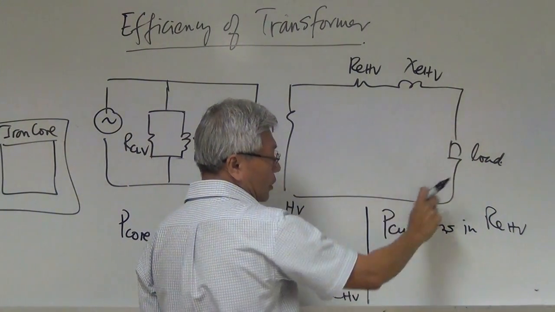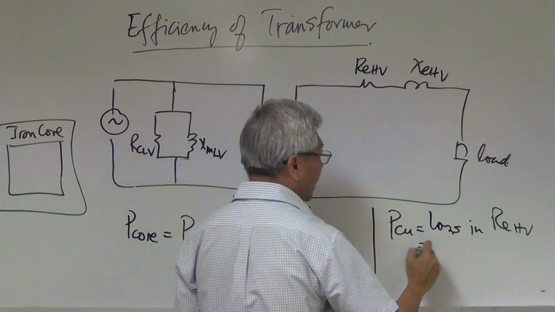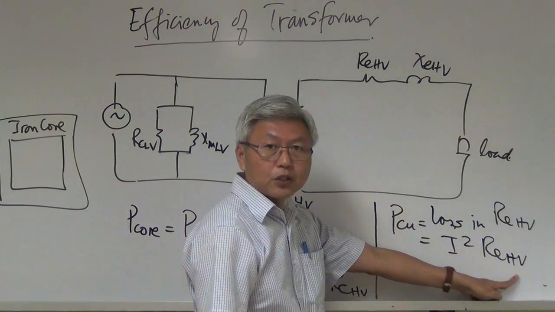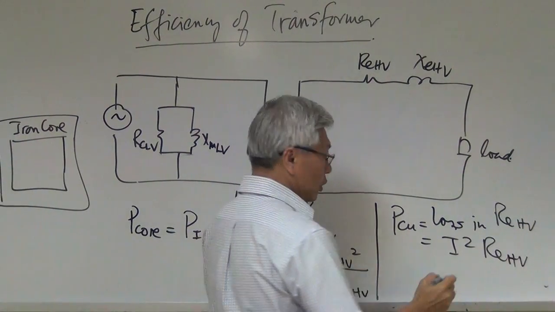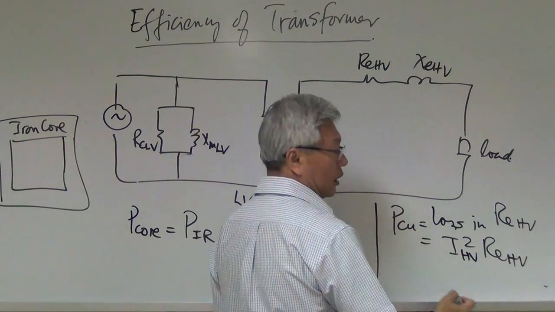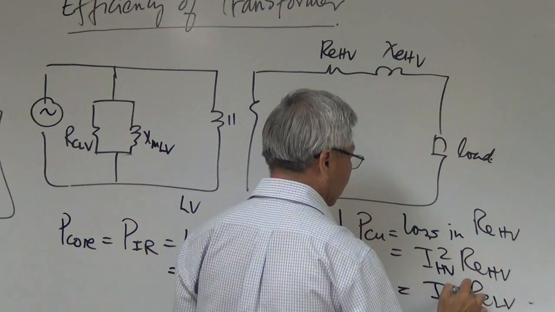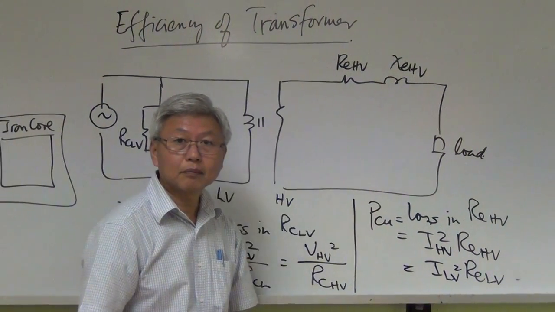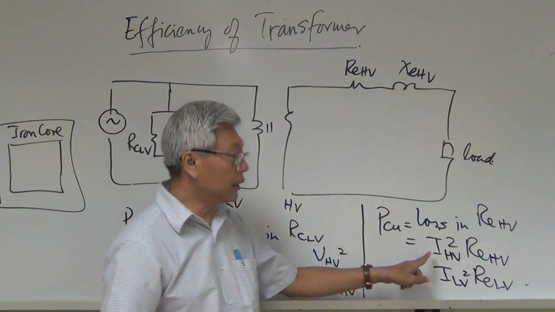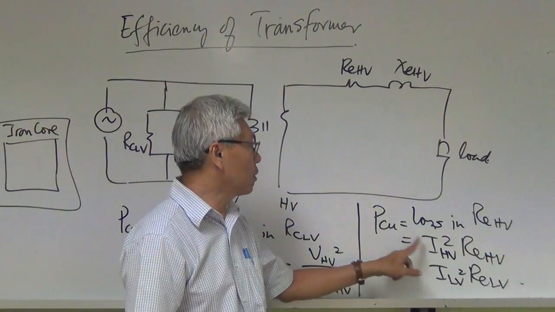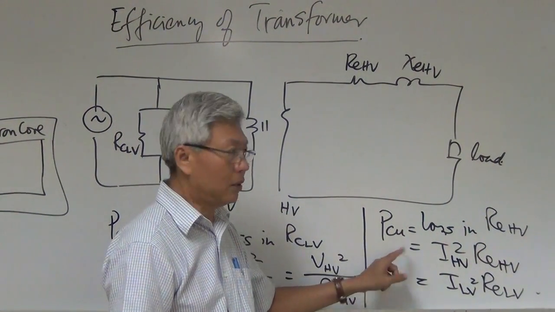And because it's a series circuit, the best formula is I squared R. So if I use REHV, then the I that I should use should be IHV. If I were to use RELV, then the I that I should use is ILV. The answer will be the same. Alright, still remember how to calculate the I? Using the S equals V times I formula? Yes, so this is called a copper loss.